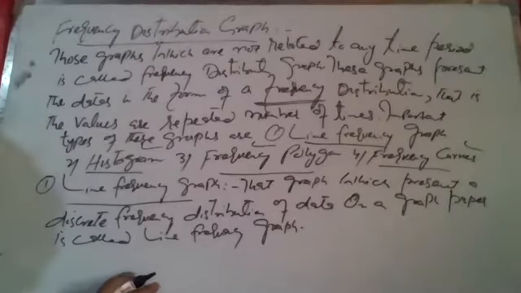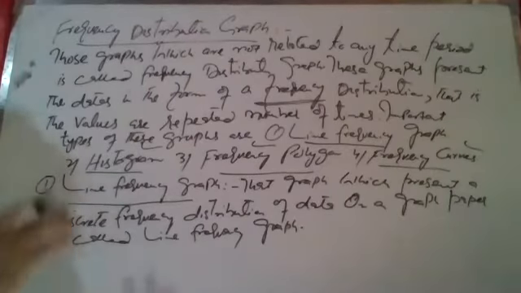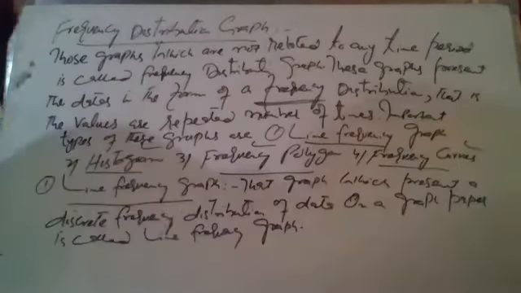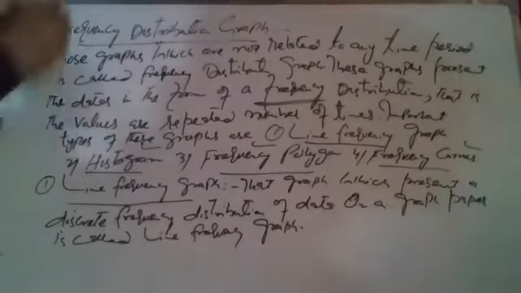So generally this graph is in the form of lines. एक example में दे दूंगा आपको line frequency graph का. So this is simply the definition of line frequency graph. That graph which present a discrete frequency distribution of data on a graph paper is called a line frequency graph.